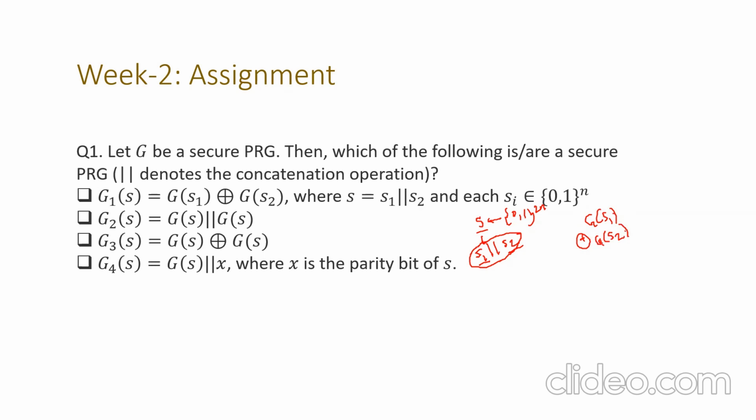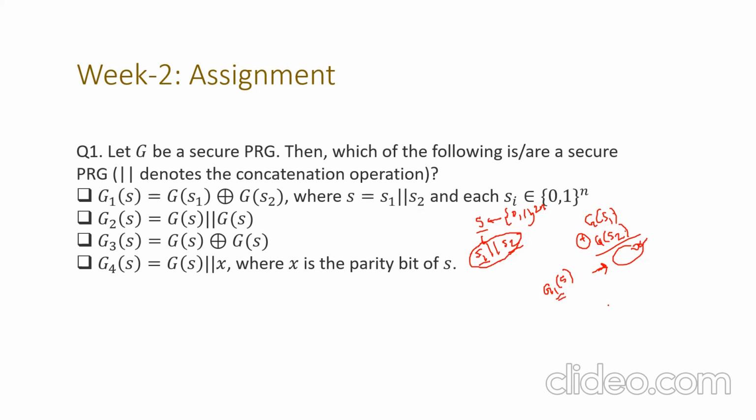So XORing two pseudorandom strings again gives us a pseudorandom string, right? So the resulting generator G1 with the seed S actually generates a pseudorandom string. So yes, G1 is a secure PRG indeed.